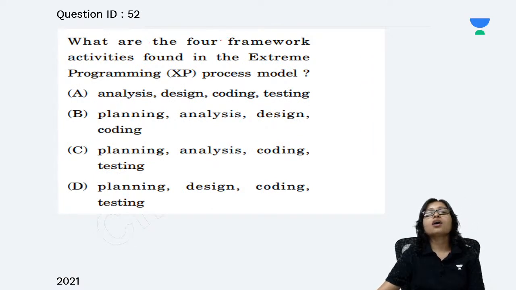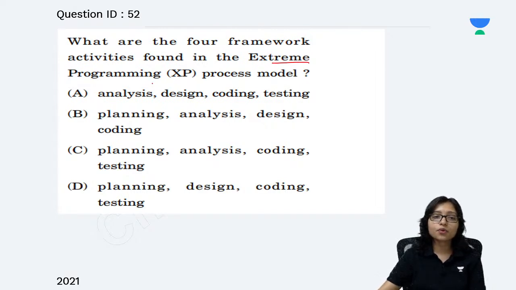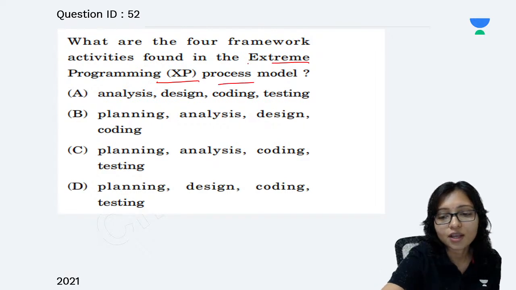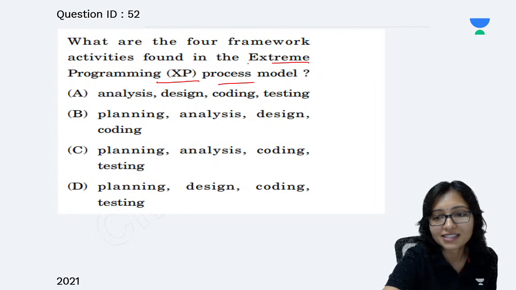What are the 4 framework activities found in the extreme programming XP process model? What will be the answer?